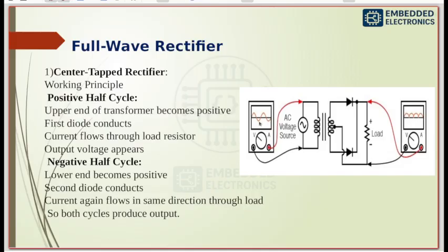But during the negative half cycle, the lower end becomes positive, so the second diode conducts. So current again flows in this direction, in the same direction through the load. So both cycles produce output.